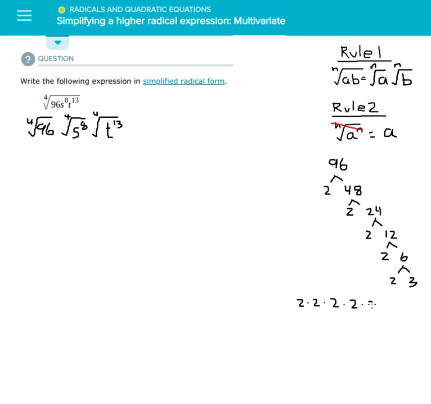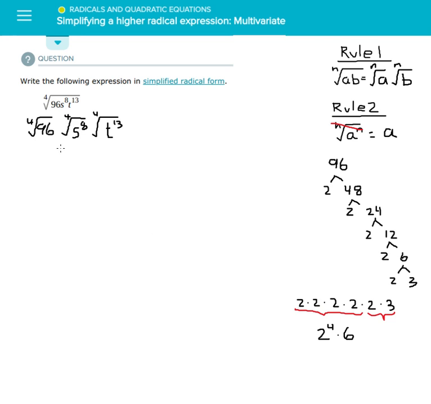All right, I'll explain how this is helpful in just a second. It's helpful because now if you notice, we have a group of 2's, specifically 4 of them. And those 4 can be written as 2 to the exponent 4, which is what we're playing with. We're playing with an index 4, so we want an exponent 4. Now this 2 and this 3, there's really nothing we can do with, so we're just going to multiply those back together. 2 times 3 is 6.